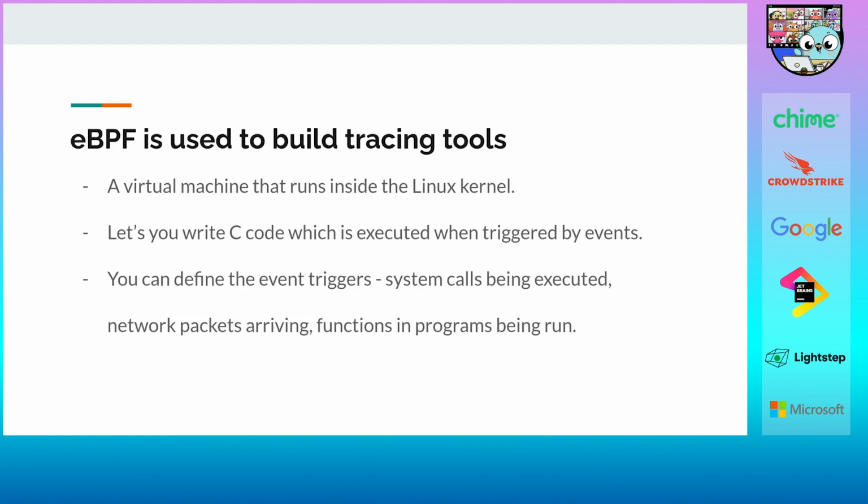But instead of running code in response to a button click like it would in JavaScript, you can have your eBPF code run in response to, let's say, a system call, or network packets hitting a socket, or particular programs being executed. There's a lot of hooks that you could attach eBPF programs to. Those are just a few examples, and we're going to be looking at another example for the sake of this talk, and it's Go related.